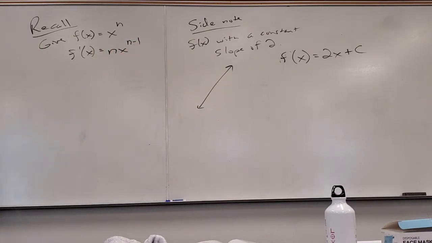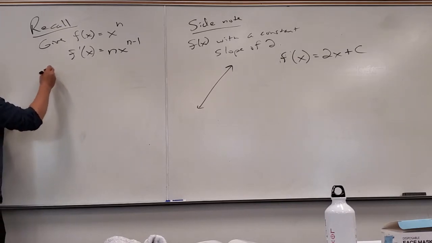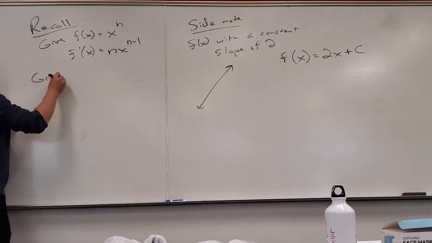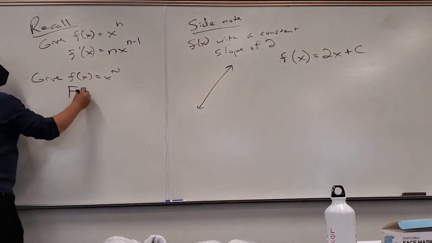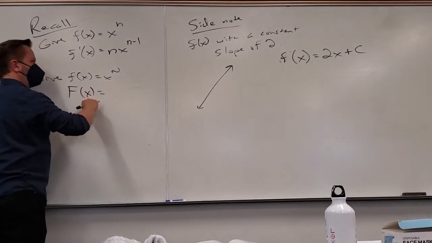Right, you bring the thing down, it goes down by 1. So let me ask you this. Let's see if you guys can figure this out. Let's do another example. I want to figure out, given f of x equals x to the n, what is this? I want a general formula for this.